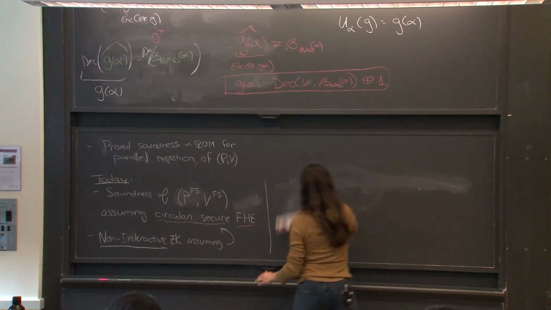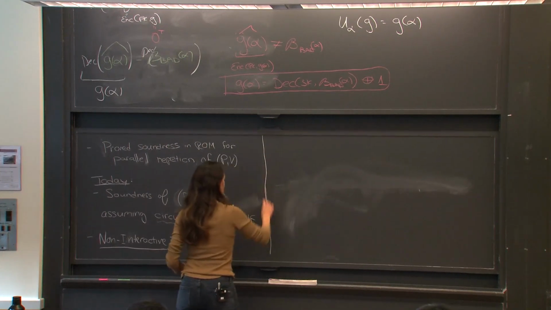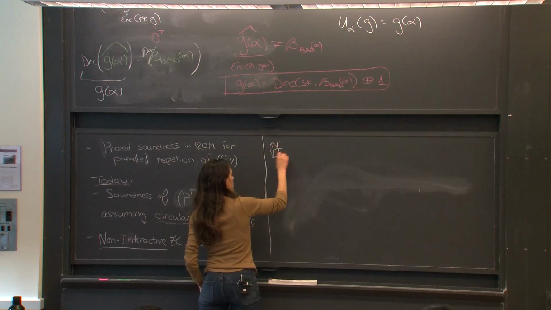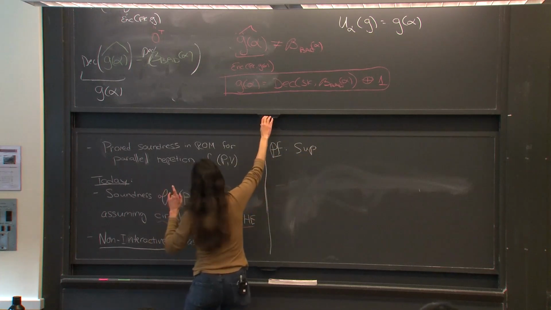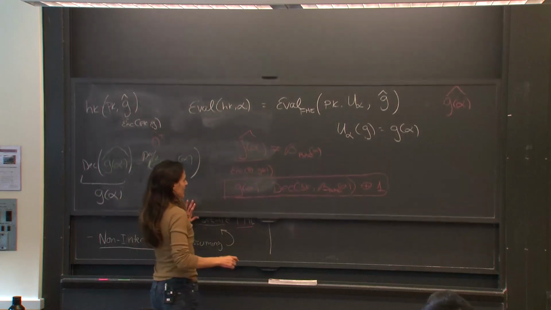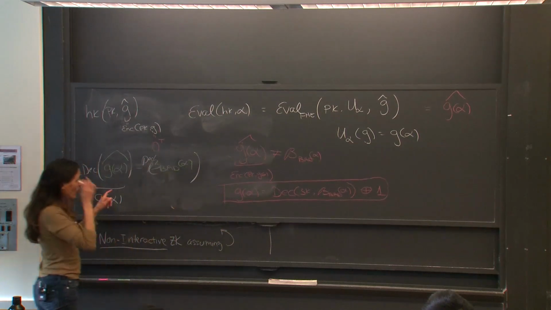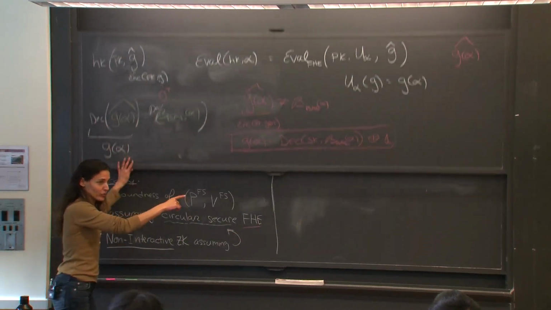I'll use this part. So here's the actual proof of soundness. So suppose, there's one thing I glossed over fast. Okay, we'll go over it in the analysis, we'll see it.